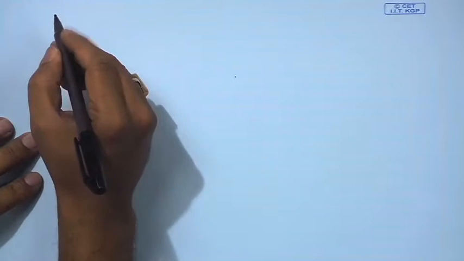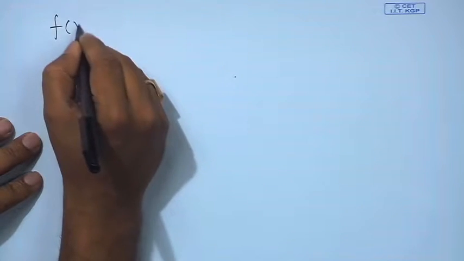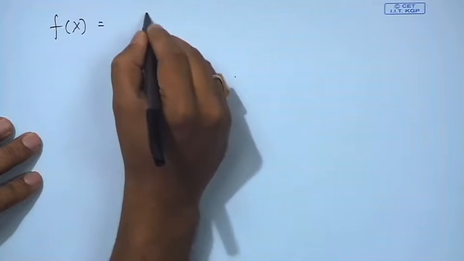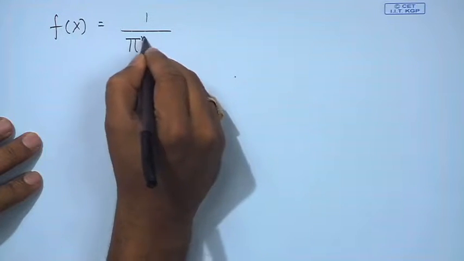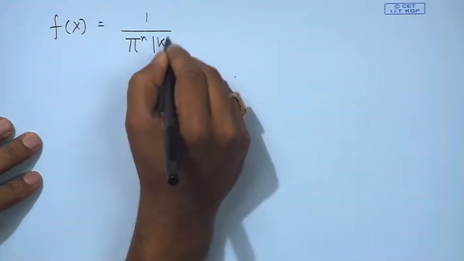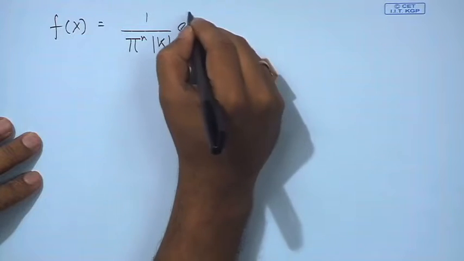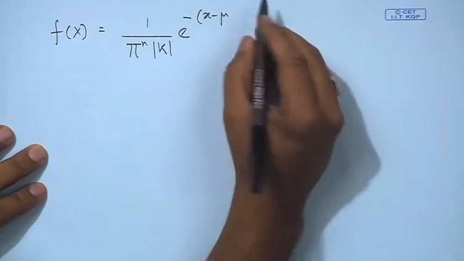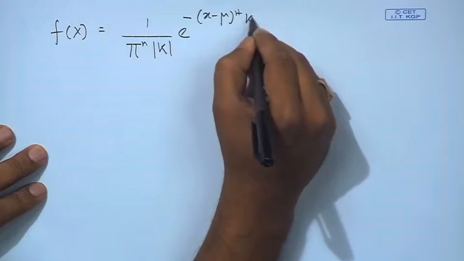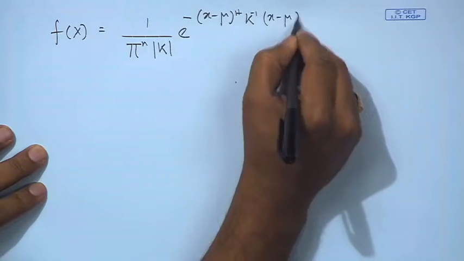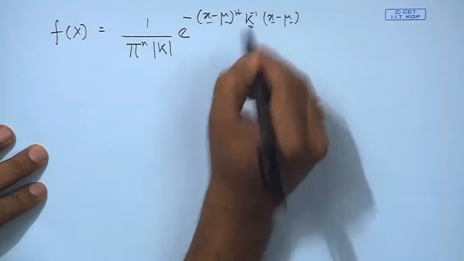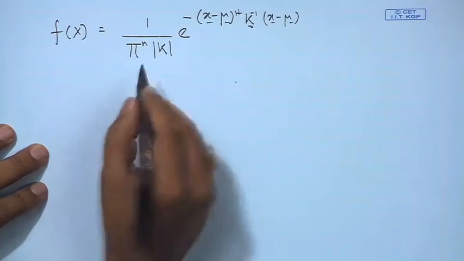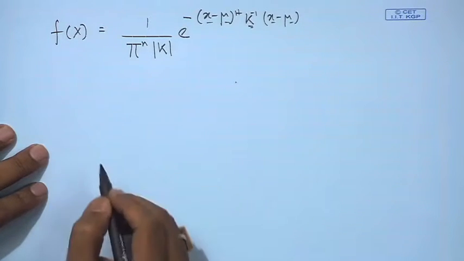So in the case of complex Gaussian, f of x is given by 1 upon pi raised to the power of n times determinant of K, e to the power of minus (x minus mu) Hermitian times K inverse times (x minus mu), and remember all of these are vectors. K is a matrix. So this is the expression of f of x.